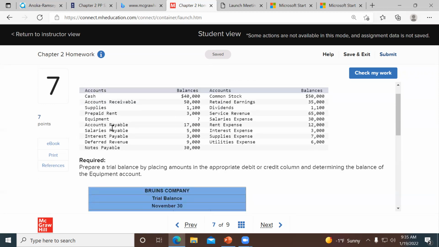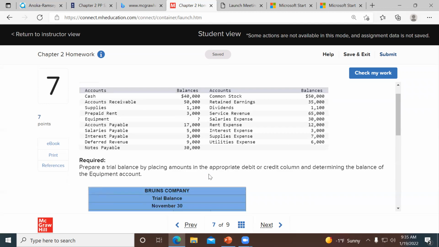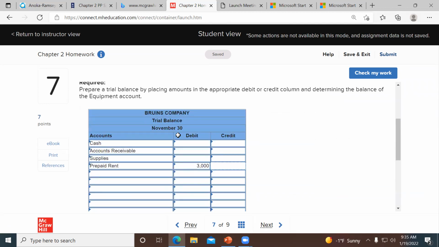Prepaid rent is 3,000. I have them all here as debits because I know assets have a normal debit balance, right?